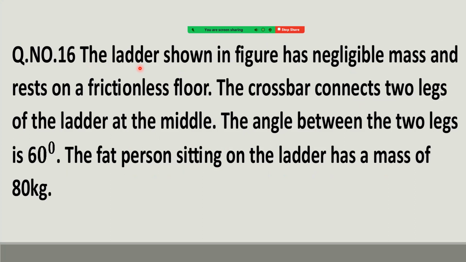The ladder shown in figure has negligible mass and rests on a frictionless floor. The crossbar connects two legs of the ladder at the middle. The angle between the two legs is 60 degree. The fat person sitting on the ladder has a mass of 80 kg.